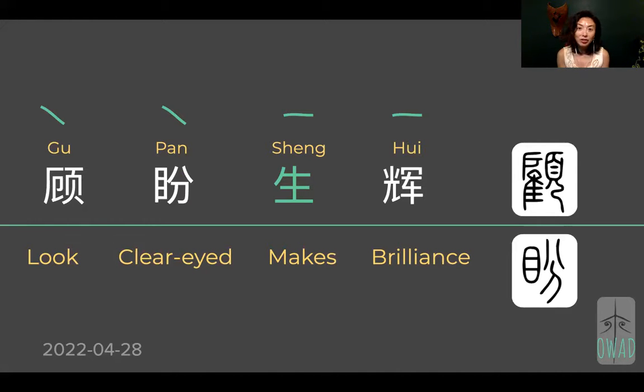So it means to generate something, to create something from 0 to 1, right? So it's the verb version of the life. And 顾盼生辉 is a very common Chinese expression to describe the look from the eyes of a girl.